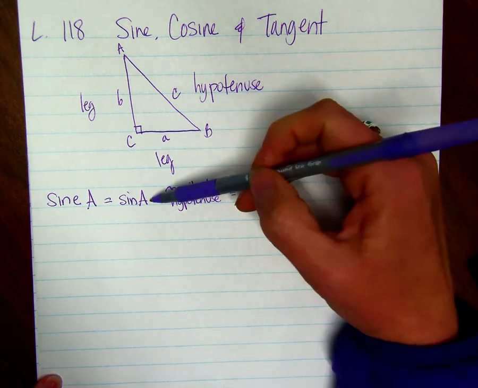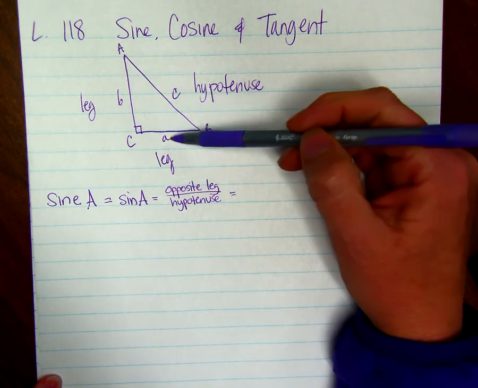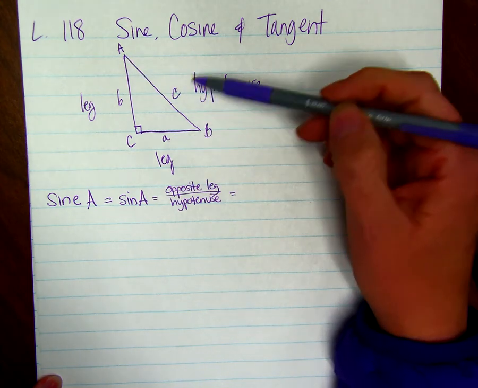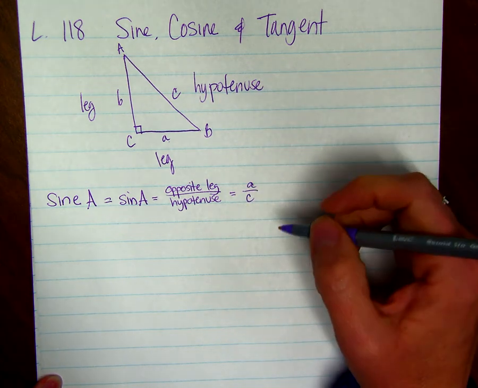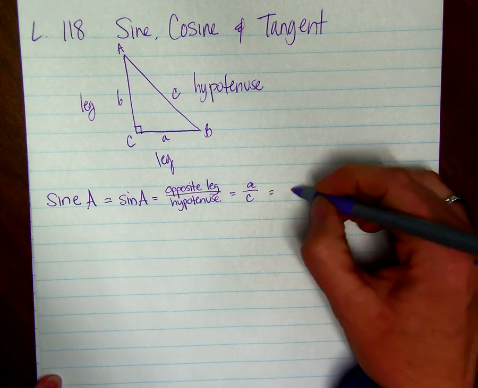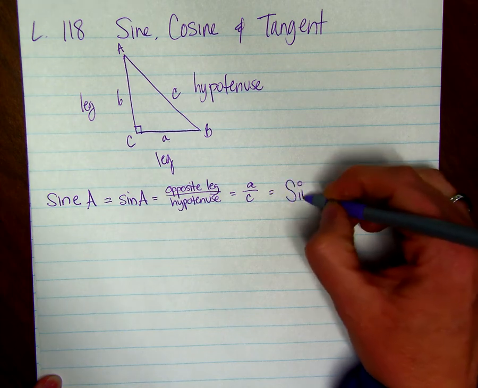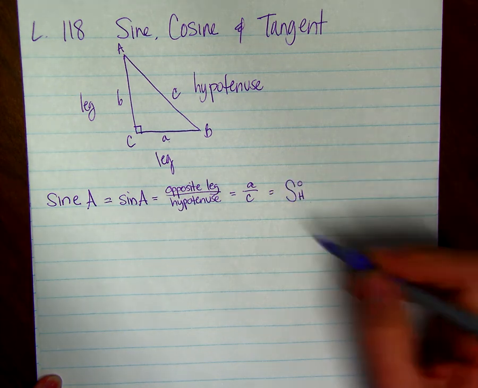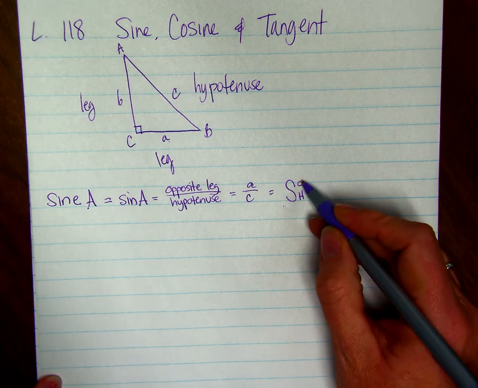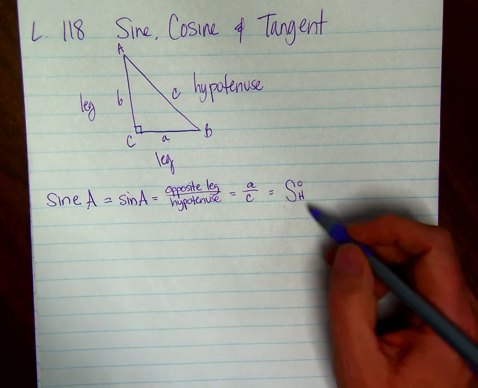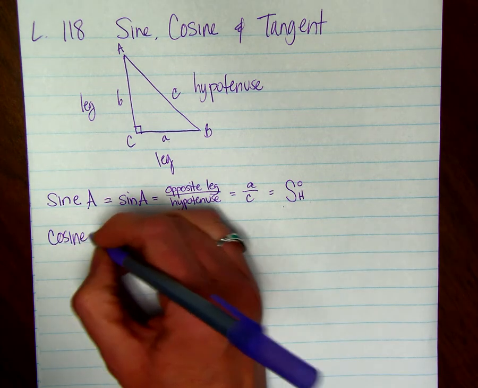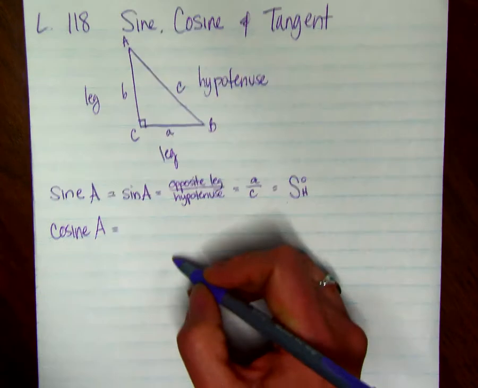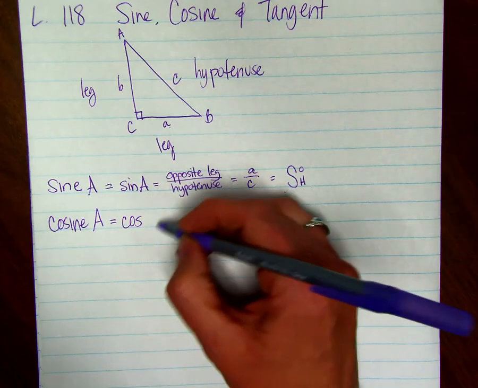So the opposite leg from angle A is little baby a, and the hypotenuse is c. So it's going to be a fraction of a over c. Sometimes to remember it, I think of the word SOH. Sine is opposite over hypotenuse.